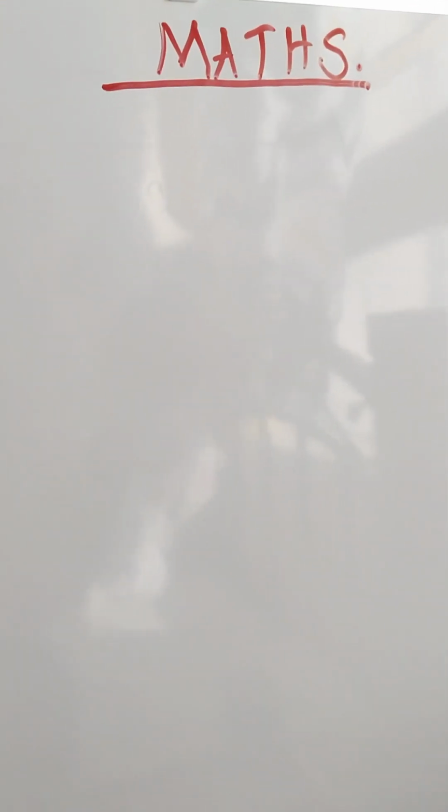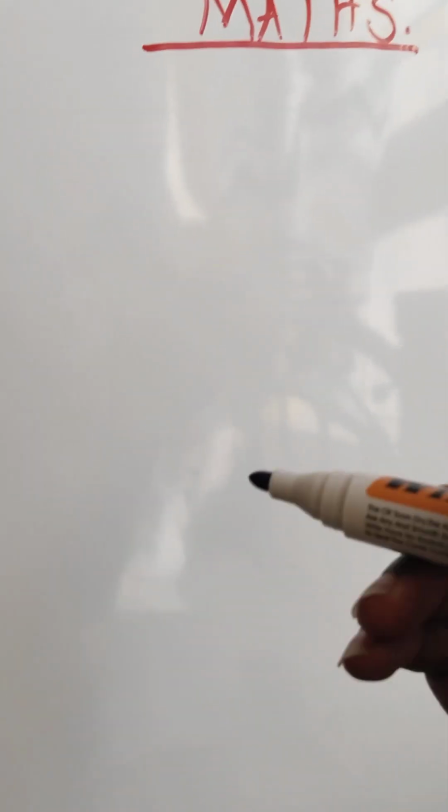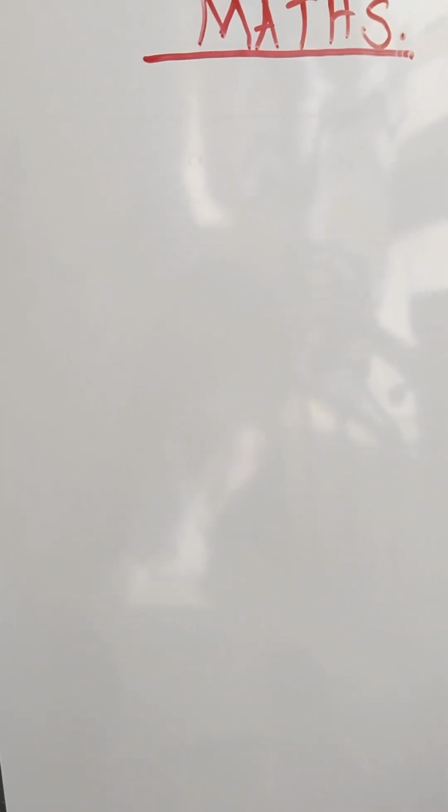You'll be able to see the easiest way that kids can learn multiplication tables. I taught it already. So now we are going to learn the easiest way that kids can learn division.